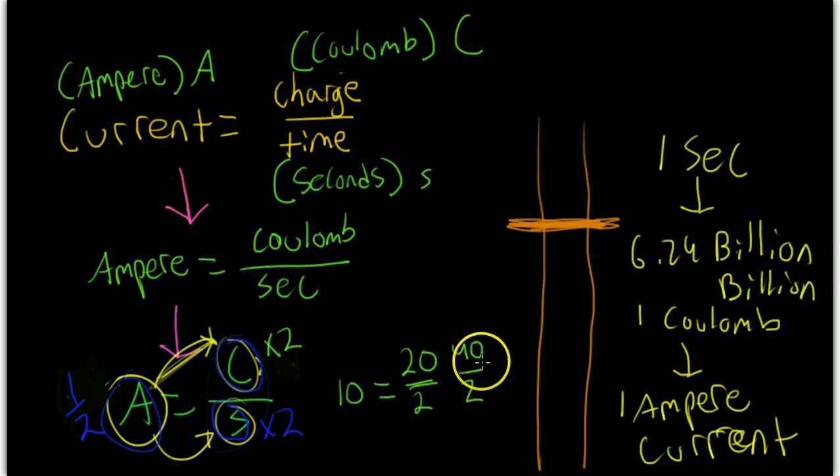Well, that's 20, right? So this would go up by a factor of 2. It would go up to 20. But what happens now if I were to, forget this, multiply this by 2, this would go to 20 over 4. What's 20 over 4? That equals 5. This went down by a factor of 1/2. The inverse, it went down by the inverse or the reciprocal of what seconds went up by.